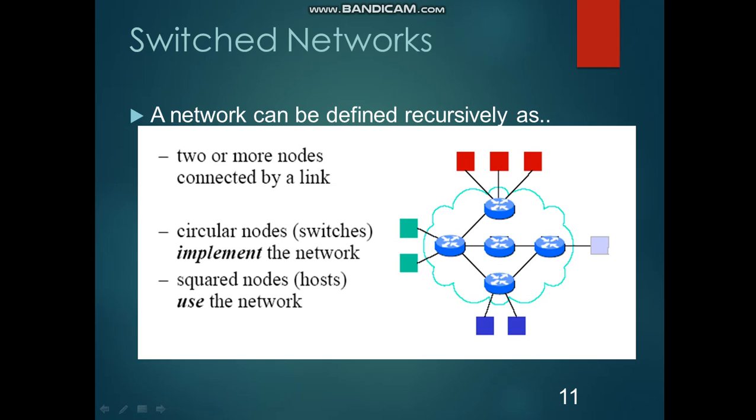If blue wants to connect to red, it will use these switches to communicate. If it connects with the green, it will again use these switches. Such a network is called a switched network, because these circular switches act as communication between the nodes.